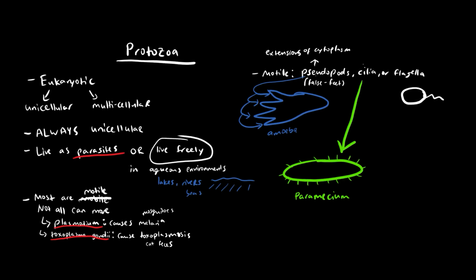Cilia, these are going to be hair-like projections that enable motility. And then flagella, this is going to be a tail or a whip-like appendage that enables motility.